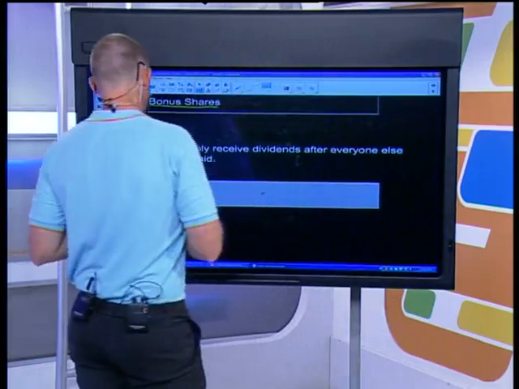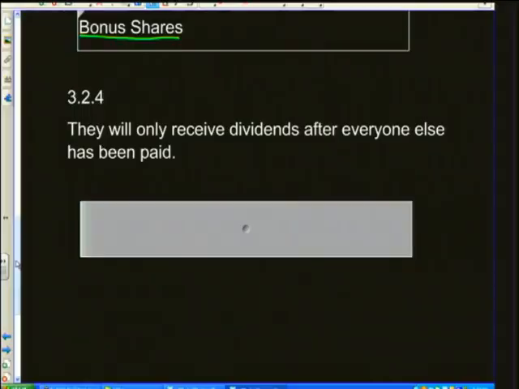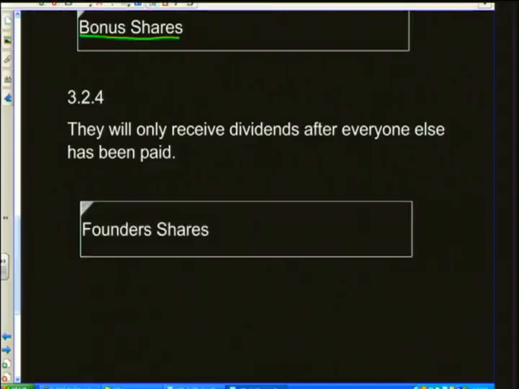Then 3.2.4, they will only receive dividends after everyone else has been paid. Right. So these are founders' shares that we have here. Right. So generally, these are the people that start the company. You must remember that also that shares can also be paid out as payment for directors.